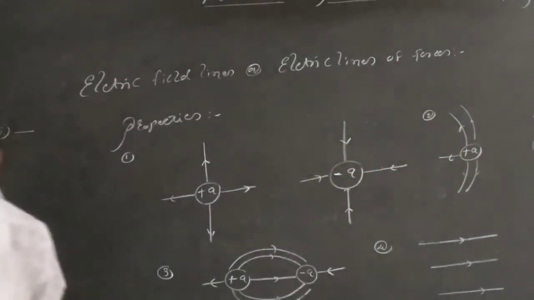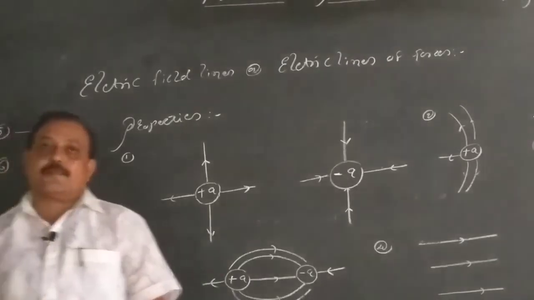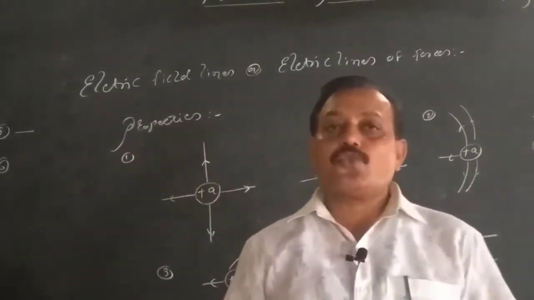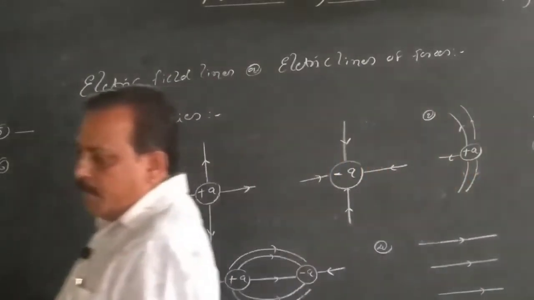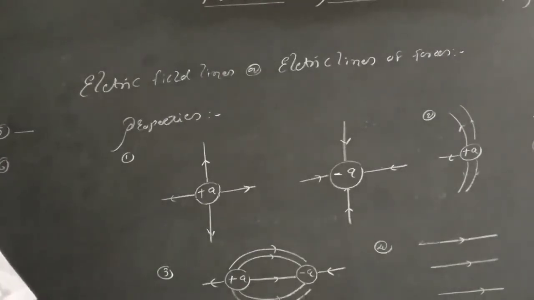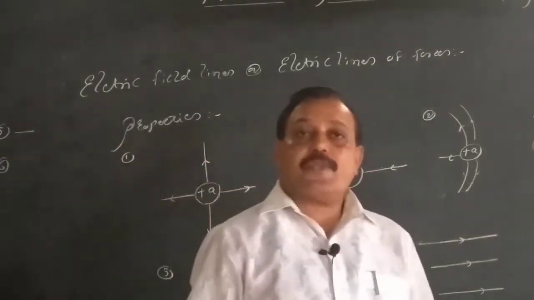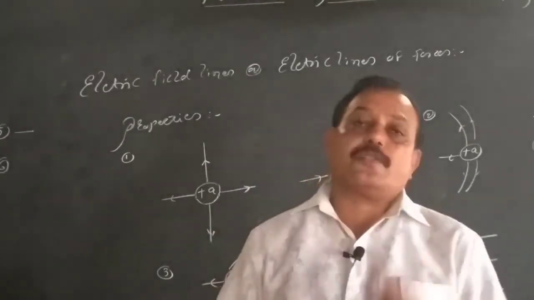Then sixth property: if the electric lines of forces are crowded, the region where they are crowded represents what? Strong electric fields. If you want to represent a strong electric field, then how to represent the electric lines of forces? They are crowded. There are a large number of electric lines of forces, closely spaced, but there will be no intersection.